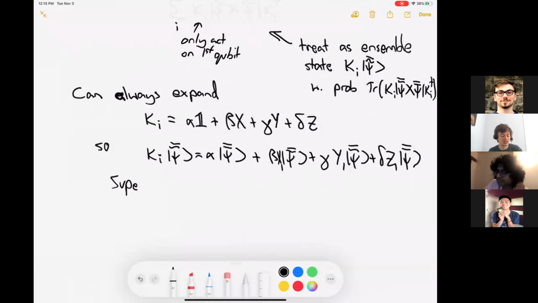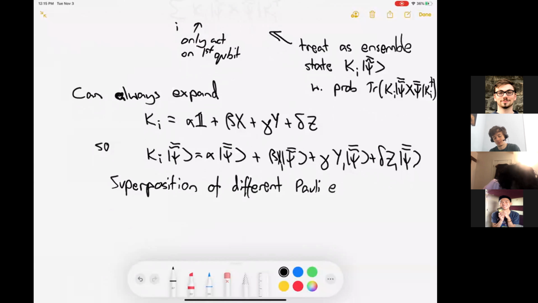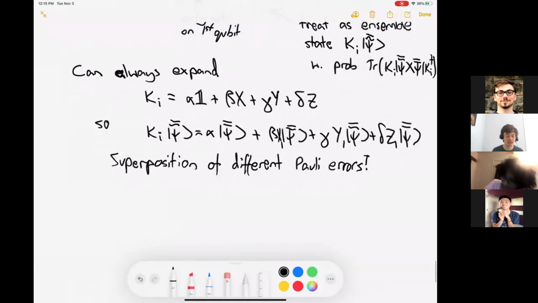It's a superposition of the different possible Pauli errors. Right, so even though this completely arbitrary error is happening to the state, some operator ki, we can just expand that as a superposition of either no error happened, or an X error happened, or Y error happened, or Z error happened.